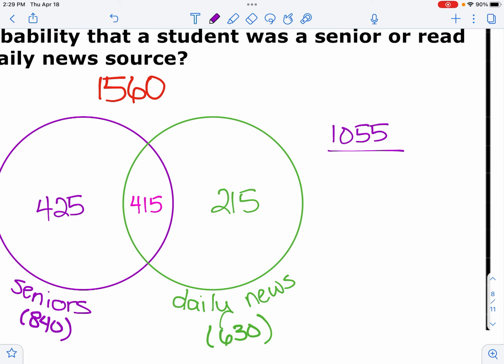So that would be over 1,560. Now, if we simplify that, that's about 0.676. So we'll say about 0.68.